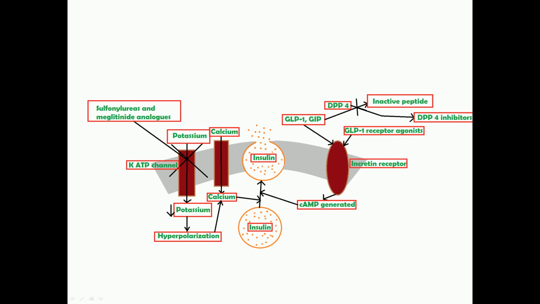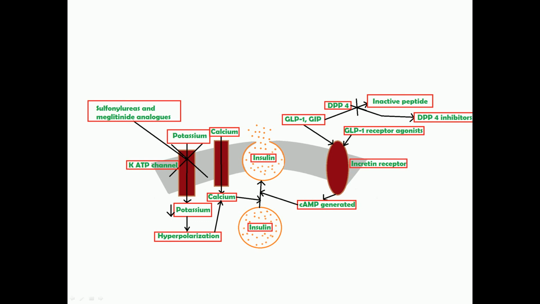So when they decrease the intracellular potassium concentration, what will happen? Hyperpolarization. Hyperpolarization will lead to opening of the calcium channels in the cells, and more calcium from outside will start to enter the beta cells. Calcium will also be released from intracellular stores of calcium.